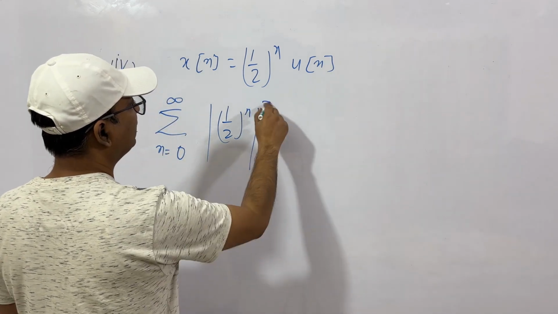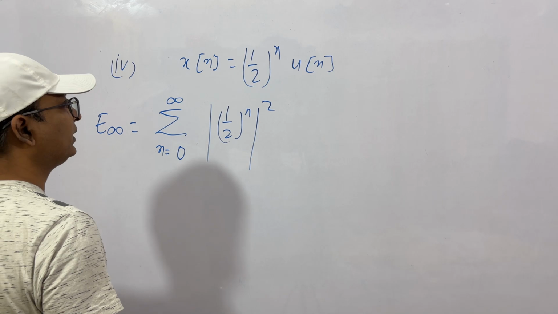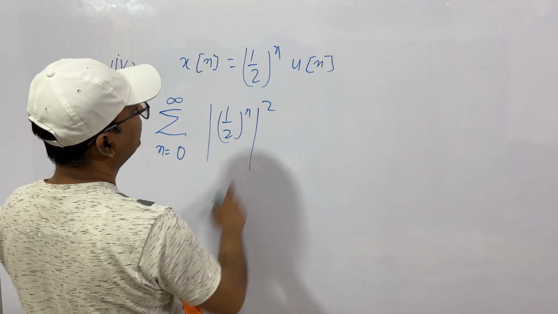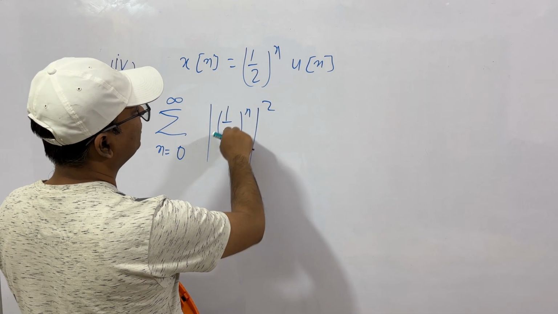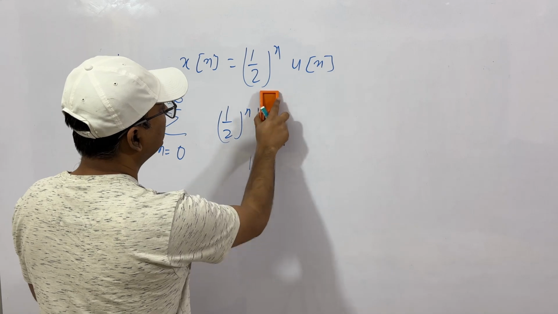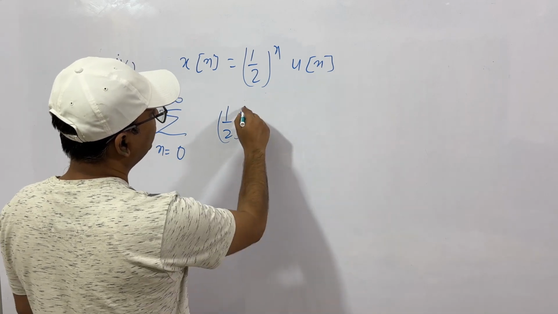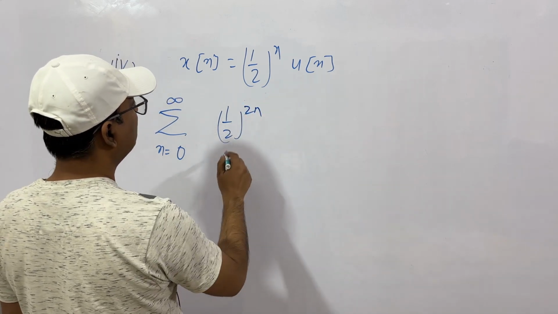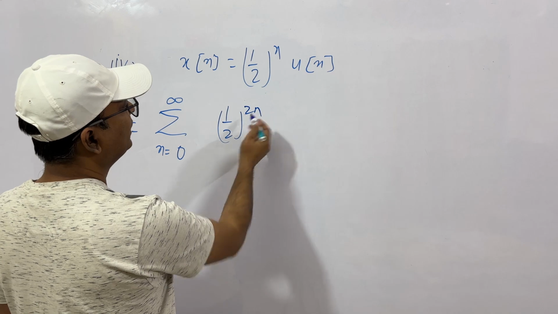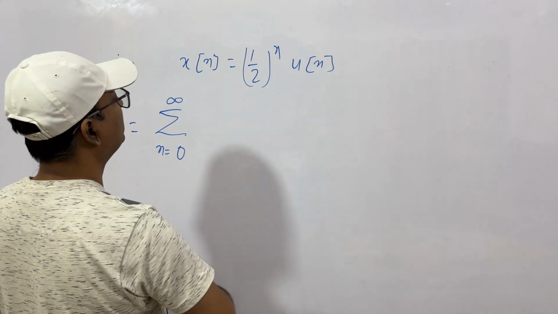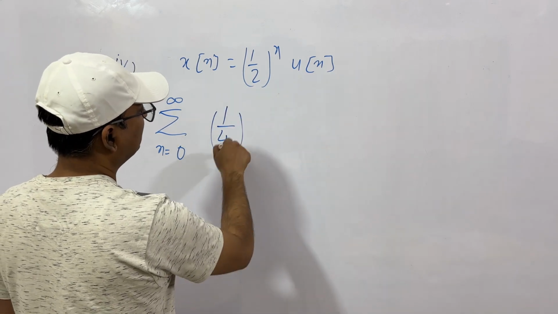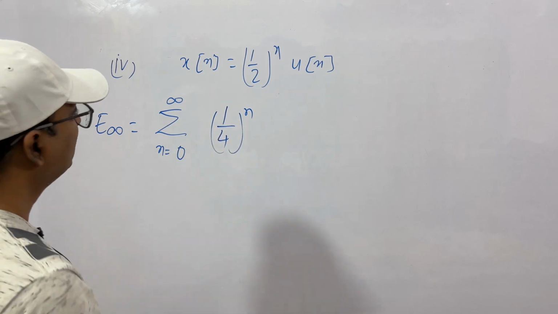So now our function is this: (1 by 2 to the power n) squared. So this will be 1 by 2 to the power 2n, or you can say this is (1 by 2 squared) to the power n, that is 1 by 4 to the power n. So this is the value.